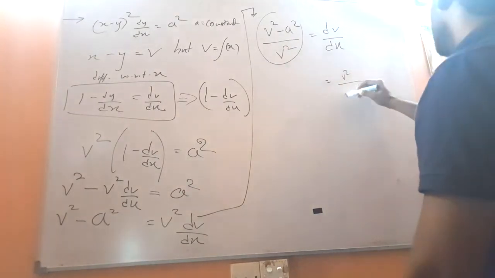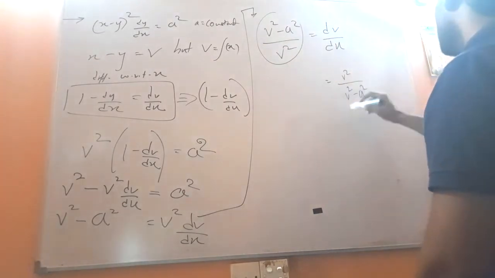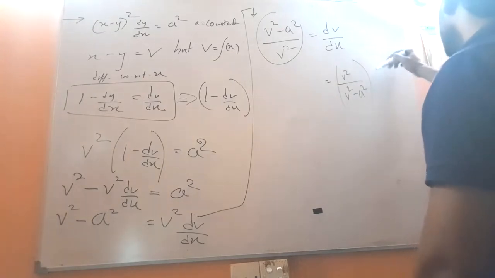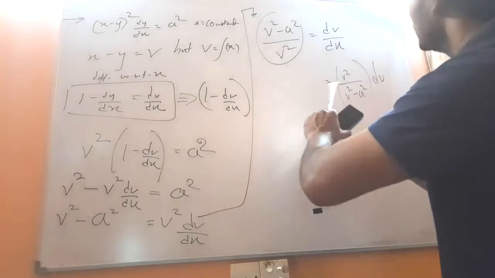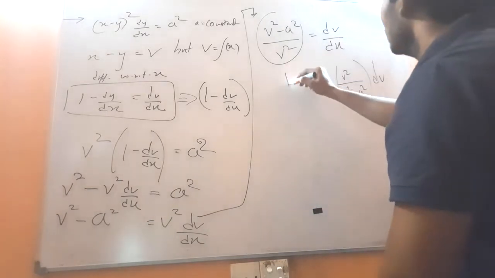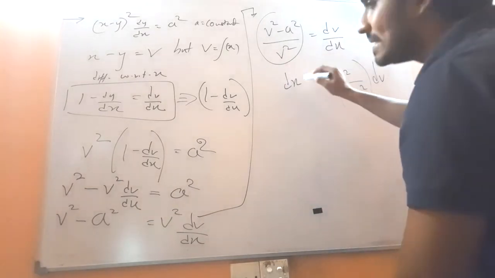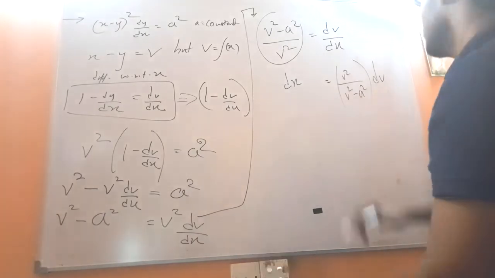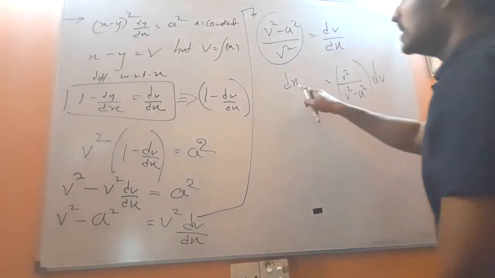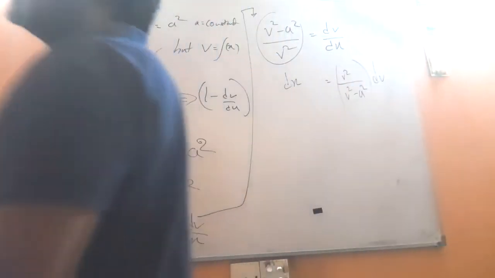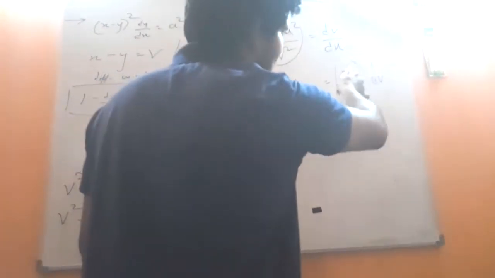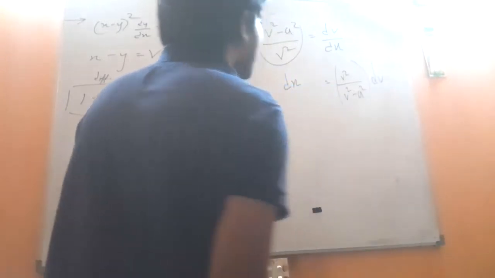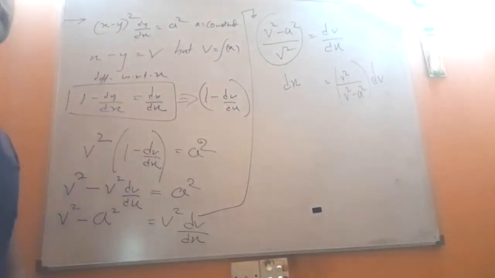V squared divided by v squared minus a squared times dv, and you can put this dx term to the other side, but this dx term has no other function, right? This is alone by itself. Dx equals v squared divided by v squared minus a squared times dv, right? So now I think we are done.